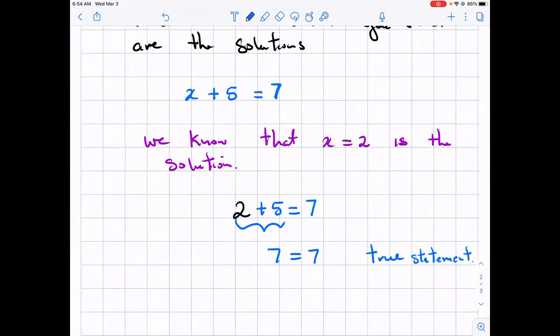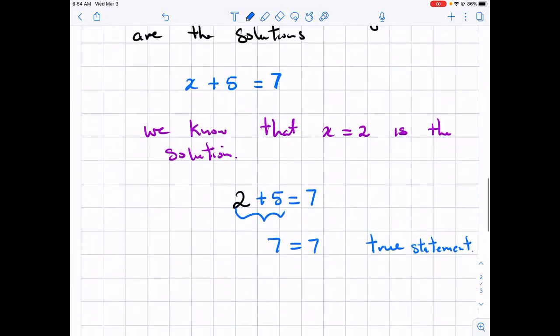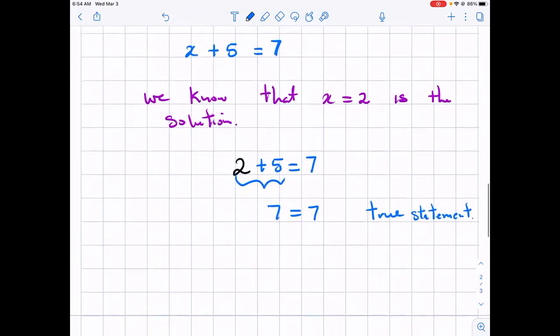Our goal is that when we find that value or values, because we can have more than one answer, as you will see later on for different types of equations, when you replace x with the value that you found, the left side must be equal to the right side. And that's very important because that's really our checking process.